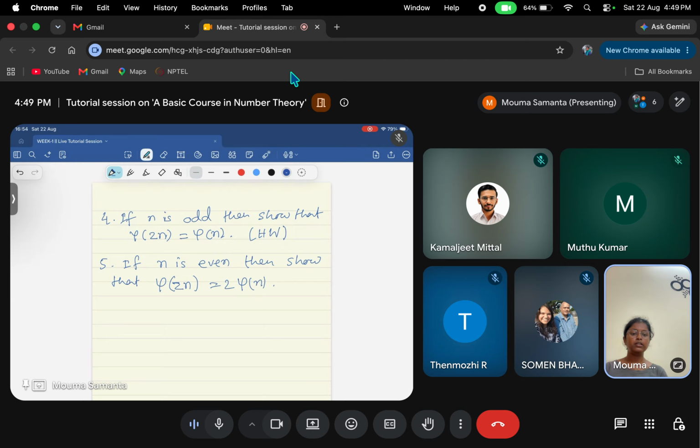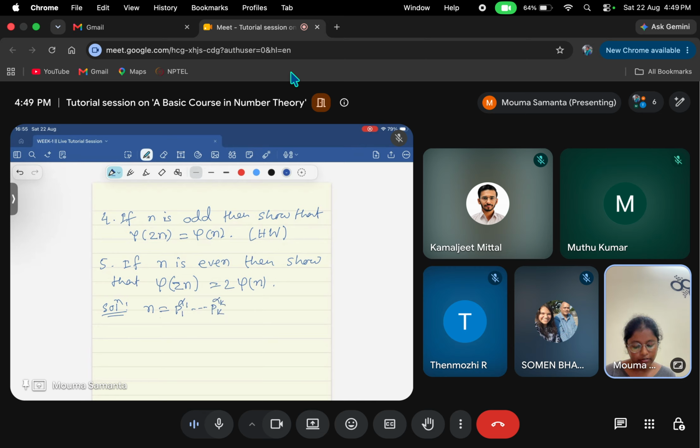So the theorems I have recalled, using those we will show question number 5. Can you try to solve this one? I am giving you the hint: use the prime decomposition formula for phi n. Let's take n equals p1 power alpha 1 up to pk power alpha k.